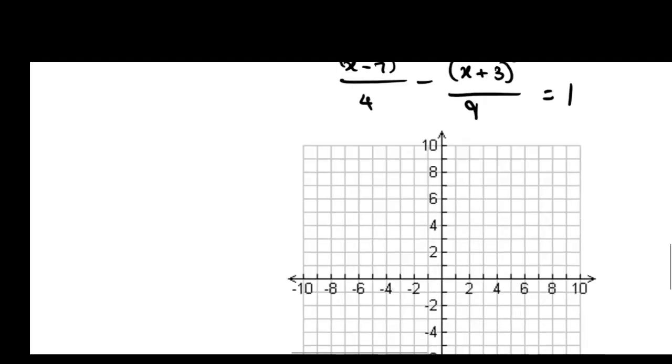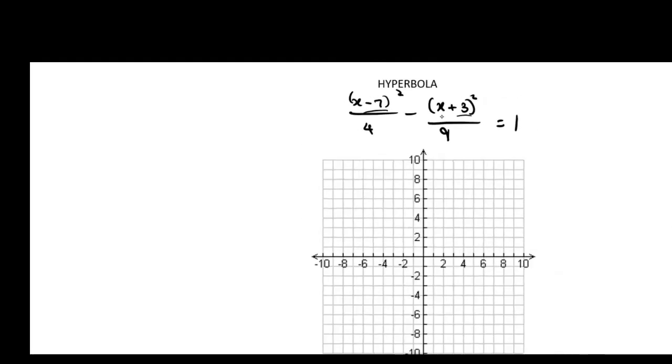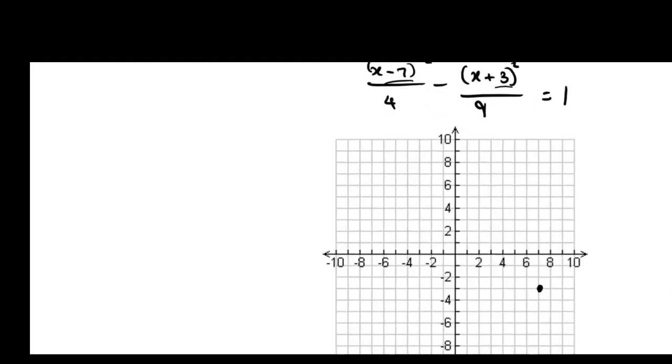So right away we know that the center will be (7, -3). This should be y, sorry. We're going to graph it like the ellipse. So a squared is 4 and b squared is 9.